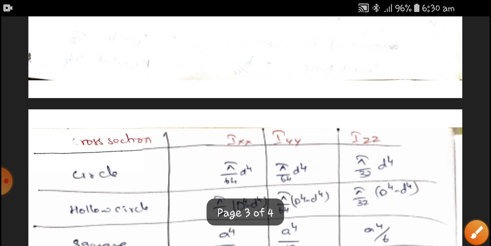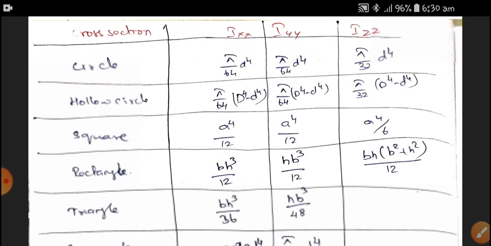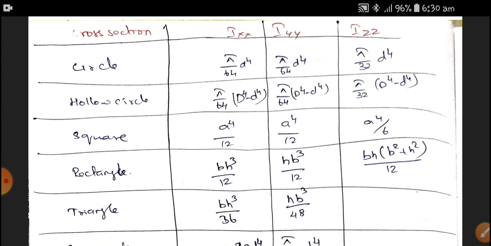Next, I would like to give some of the cross sections and the normal moment of inertia as well as the polar moment of inertia for your information. For the circular cross section, Ixx is equal to Iyy, that is pi by 64 capital D power 4, whereas Izz is equal to pi by 32 D power 4.